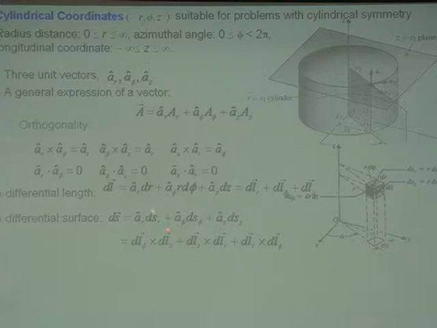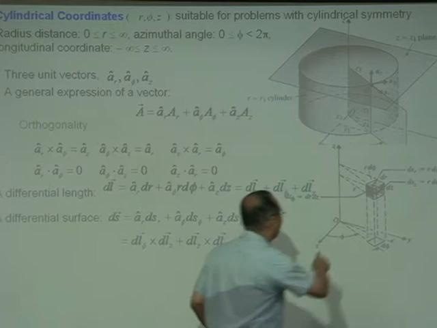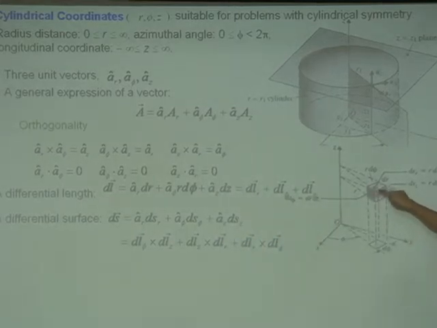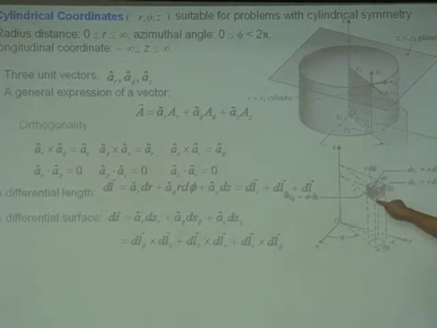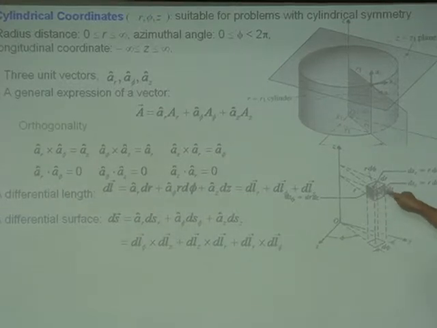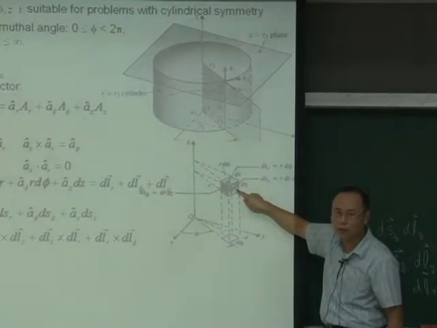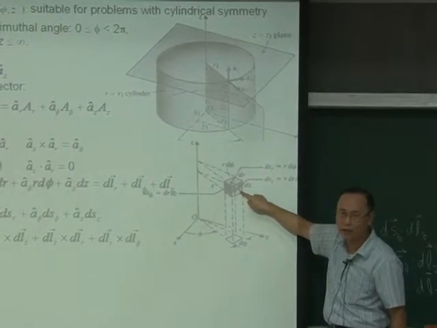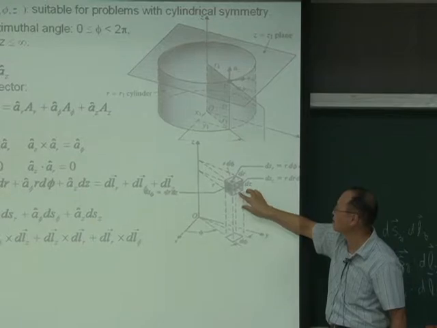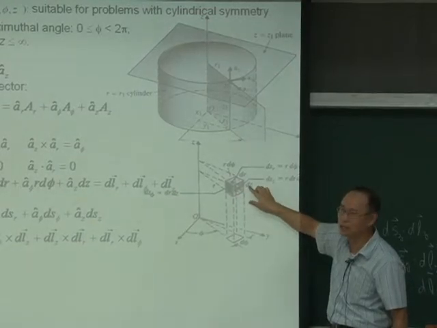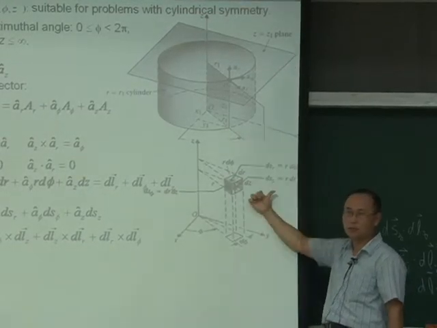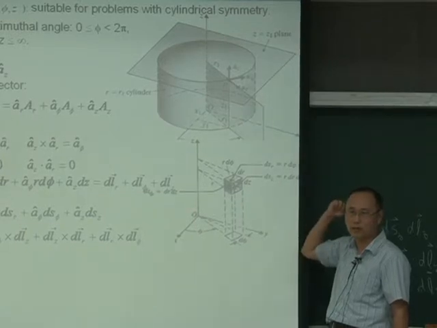Okay, if you are interested in the surface along r direction, 那朝向 r 的方向的这个面是哪个面？是这个面。这个面呢有两个长度，在这个方向是 dz，这个长度是 r d phi。Therefore, the surface area is r d phi multiplied with dz, and the direction is pointing toward r direction.